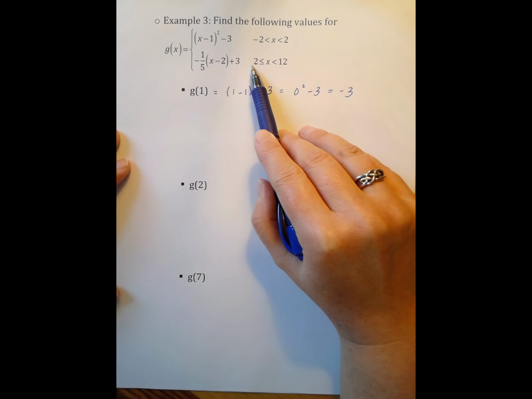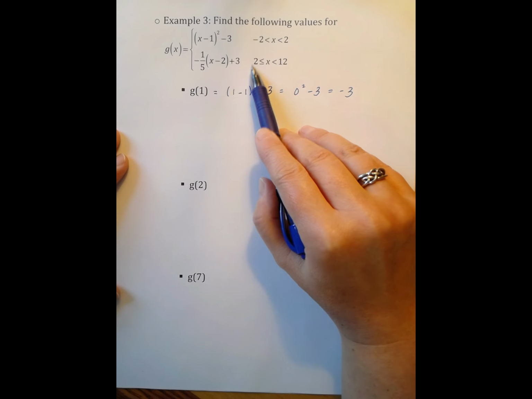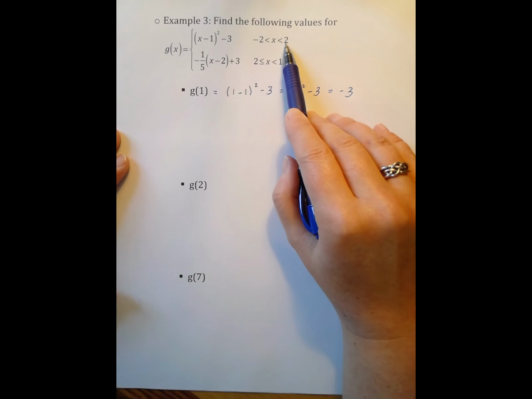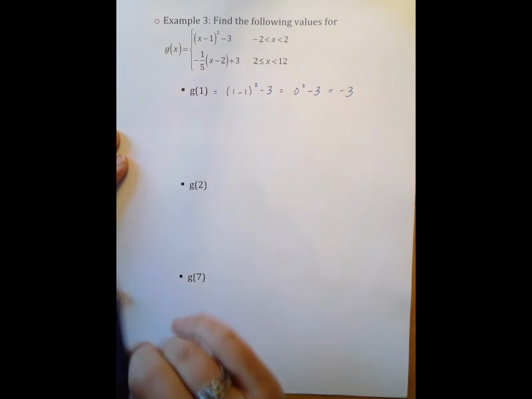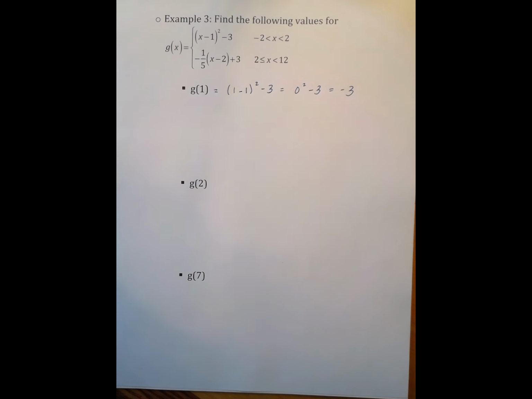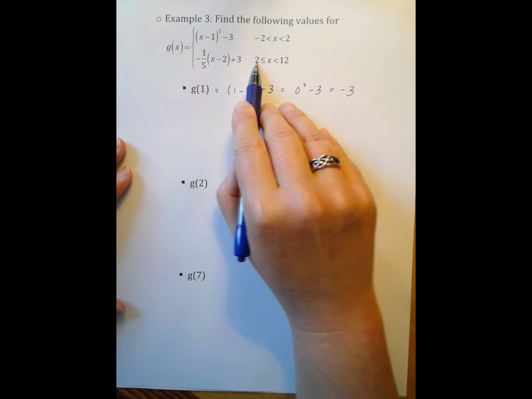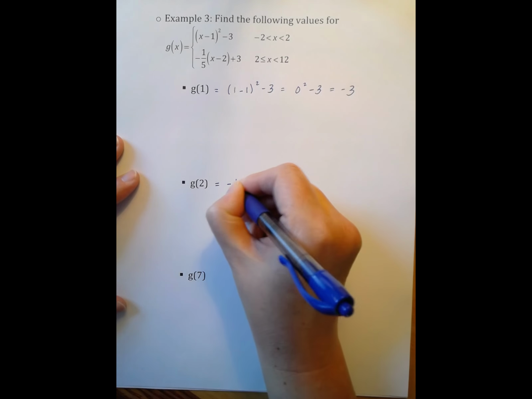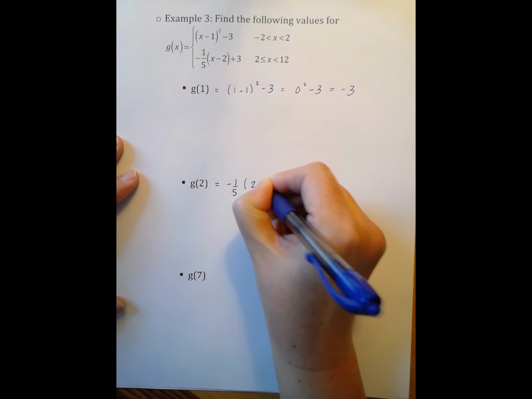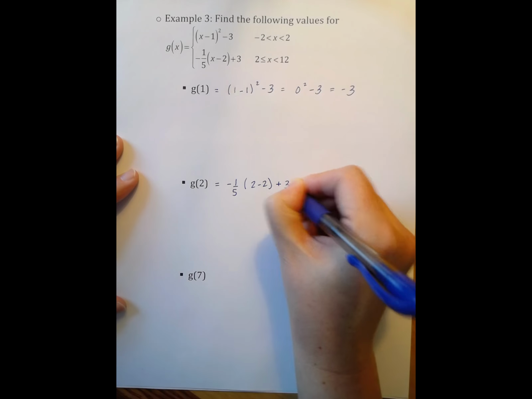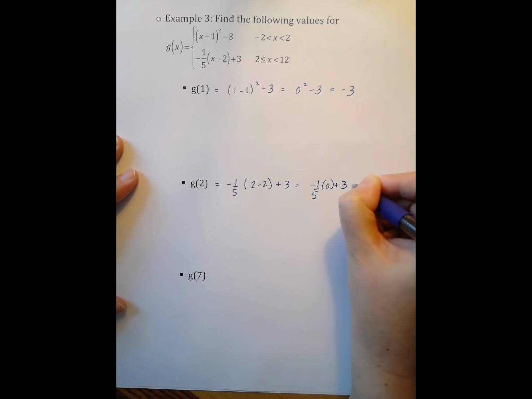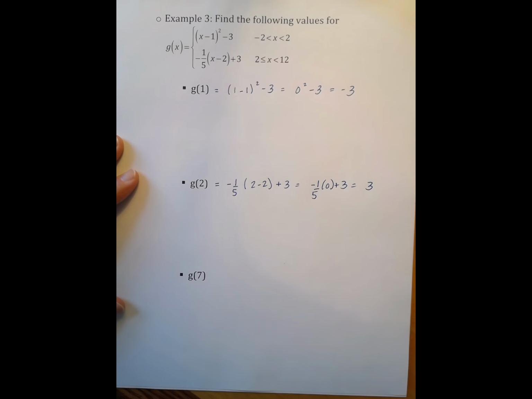However, if we look very carefully here, we can see that 2 does not actually sit in the first sub-function's domain. The first function goes all the way right up to 2, but not at 2. So 2 actually sits in the second subfunction. So I have -1/5 times 2 minus 2, plus 3, which is -1/5 times 0, plus 3, which is 3.